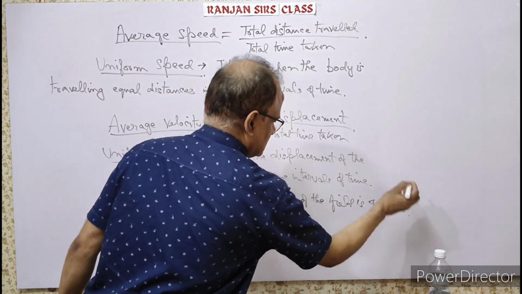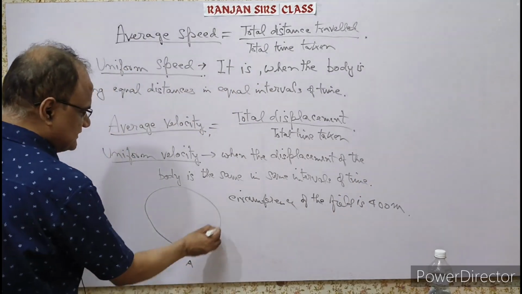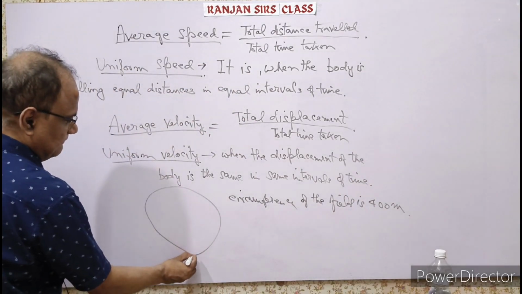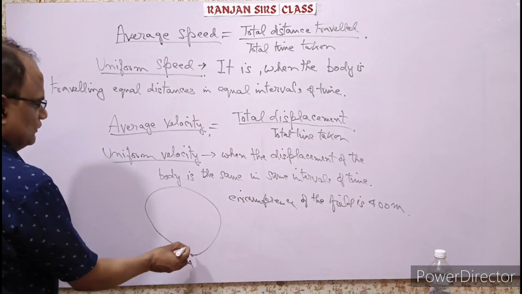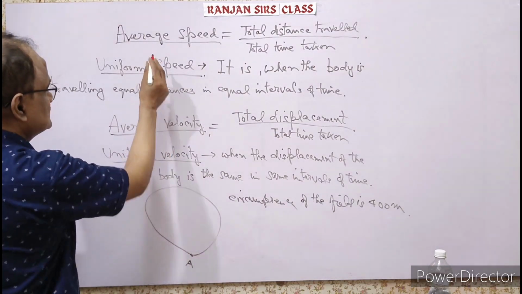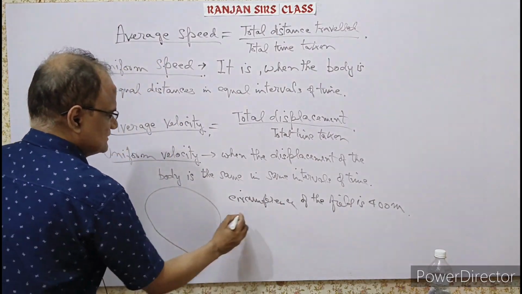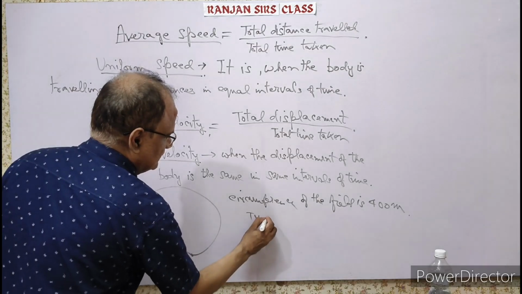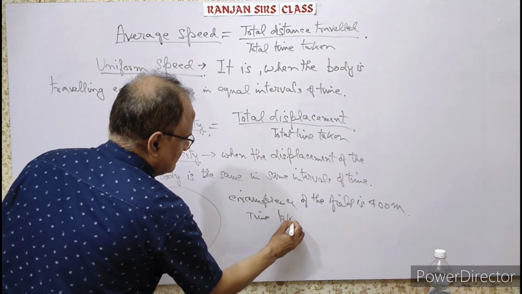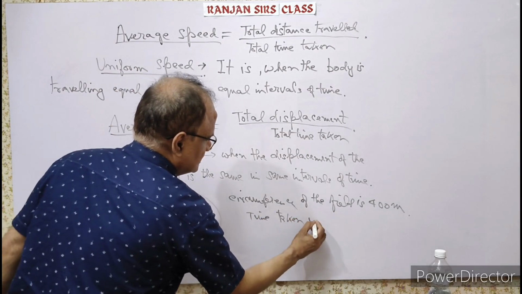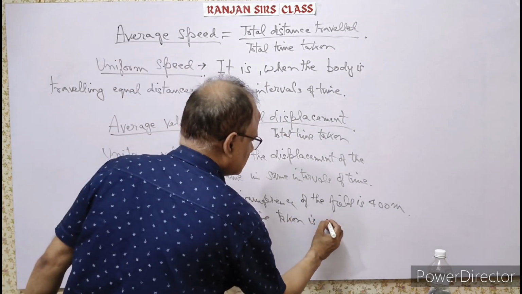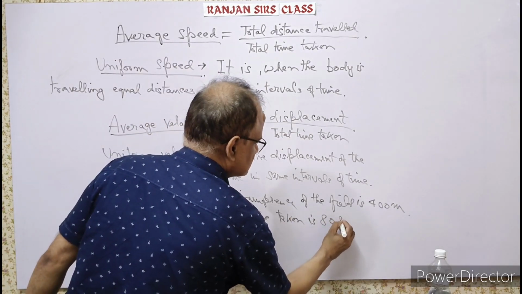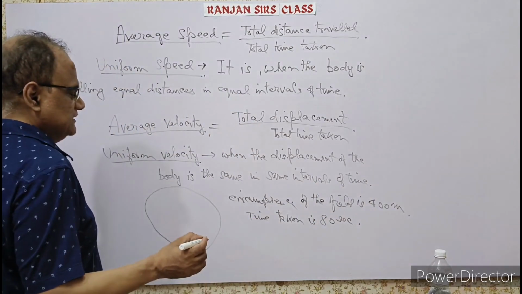Then suppose the person has travelled once around the field and come back to point A. What is the average speed we will calculate? Suppose the time taken is 80 seconds.